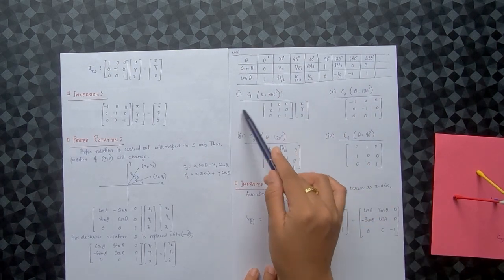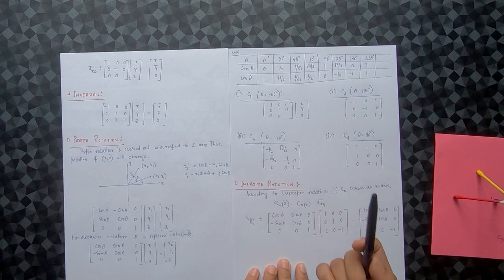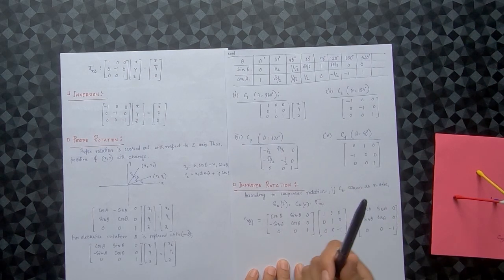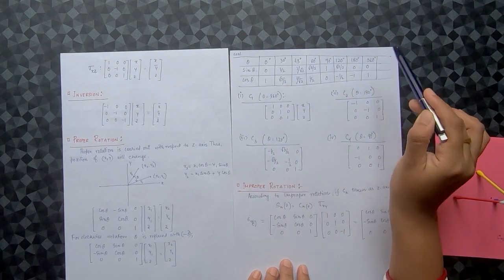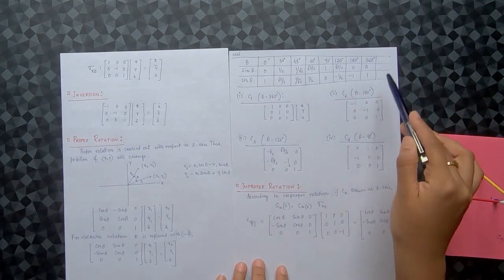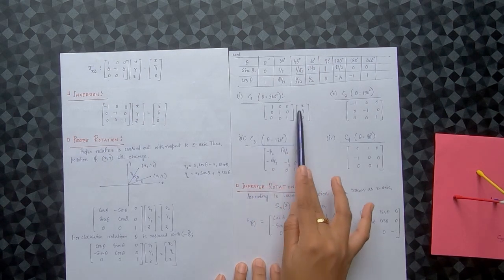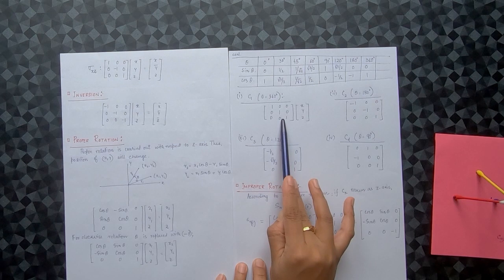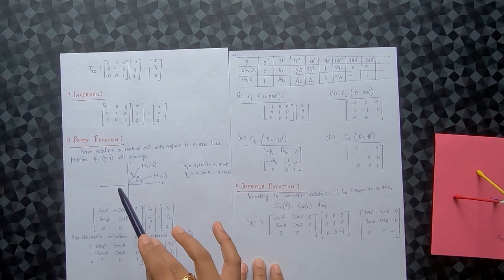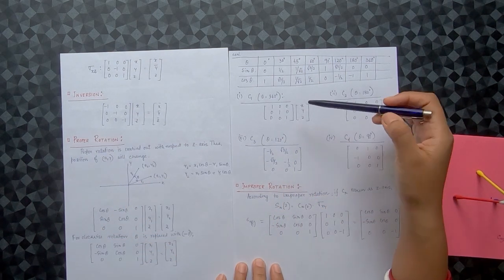Let's say C1 is a rotation carried out through 360 degrees, a complete rotation. So the sin theta value is 0 and the cos theta value is 1.